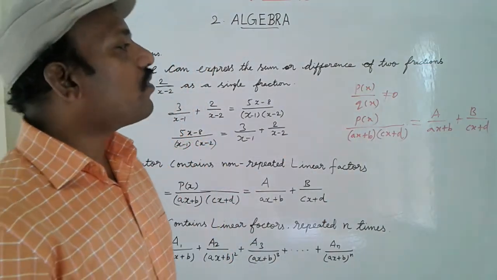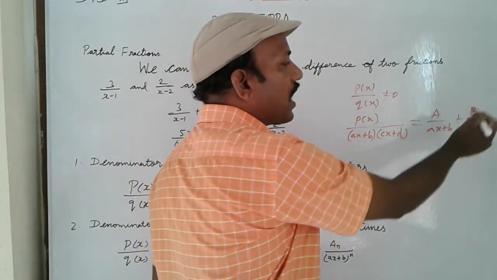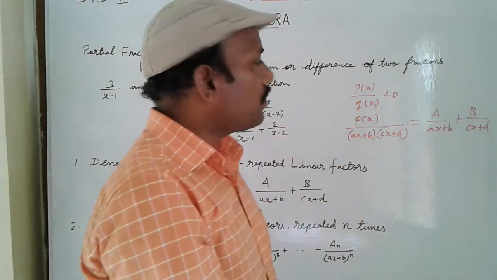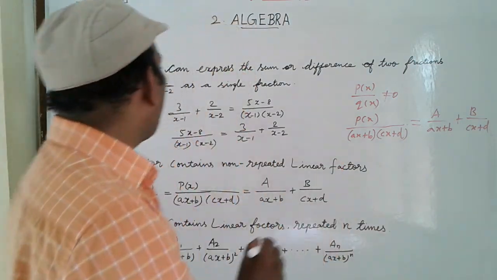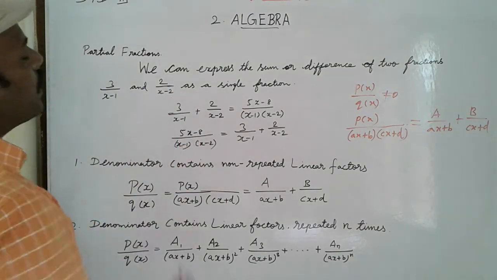This is called partial fractions. We change the fraction into partial fractions, where addition or subtraction is possible. For example, two fractions: 3 divided by x minus 1 and 2 divided by x minus 2.